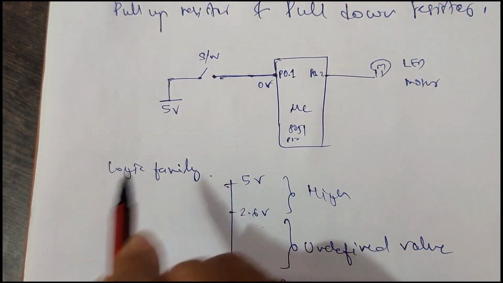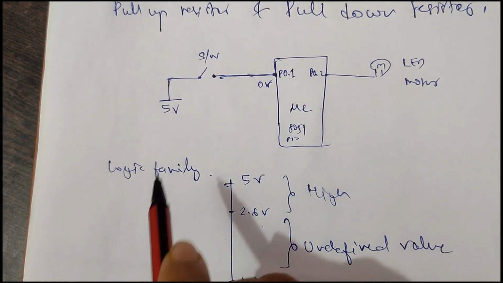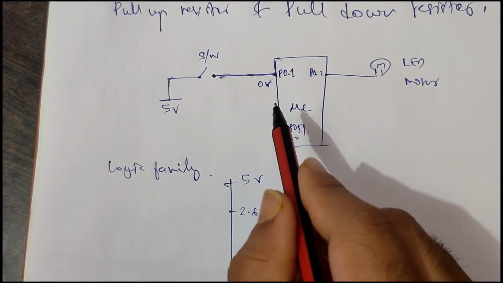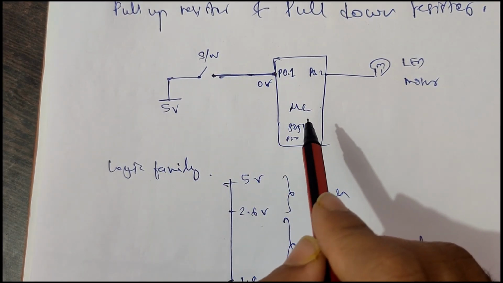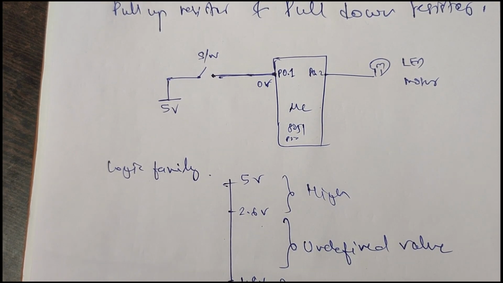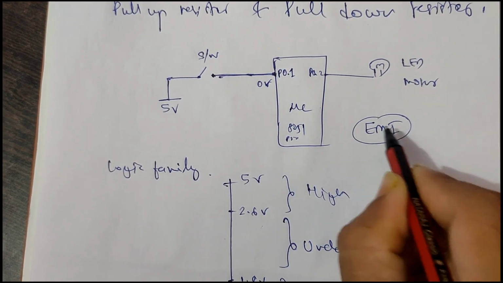But in real life we will not get this, because this microcontroller is connected on a PCB, and many other devices are also there. They work on different frequencies and can generate noise, due to which electromagnetic interference occurs, EMI.